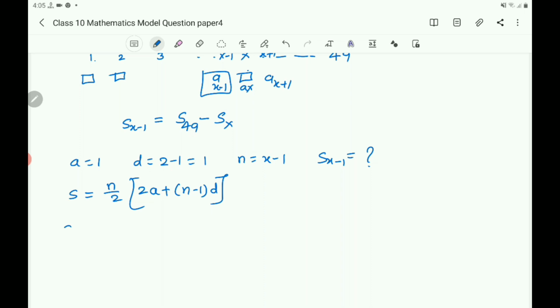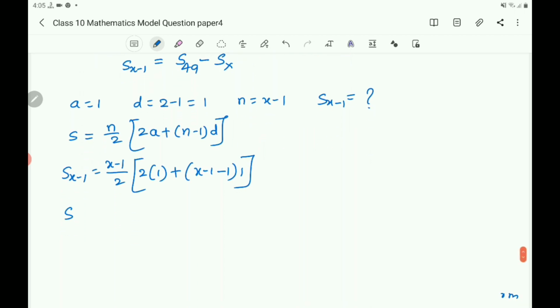So for Sx minus 1 you write in the place of n, that is x minus 1. That equals x minus 1 by 2 into 2 into 1 plus n, which is x minus 1 minus 1, and d is also 1. So you got Sx minus 1 equals x minus 1 by 2 into 2 plus x minus 2 into 1.